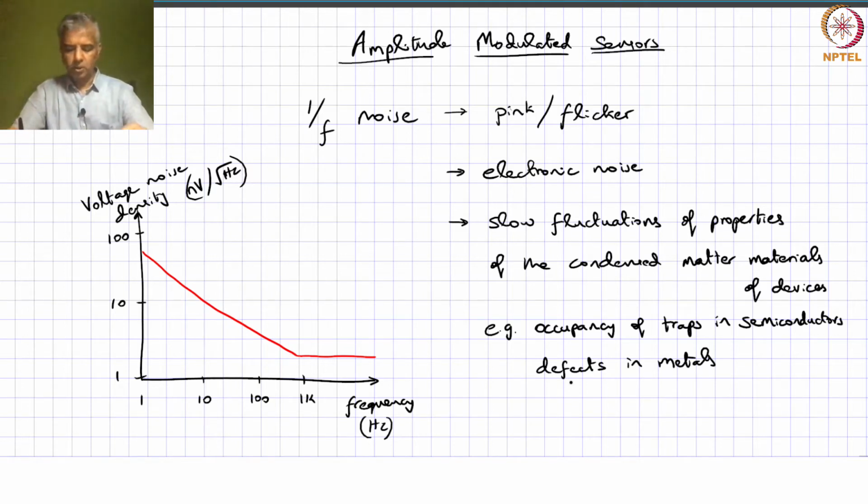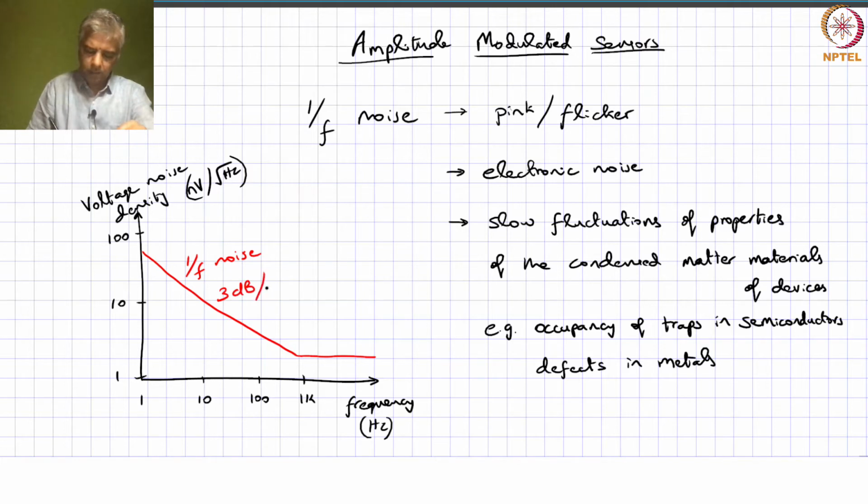Okay, so this is what it's typically like. This is the 1 over F noise that we are talking about, and typically it goes down by 3 dB per octave. Okay, the energy is fairly constant across these different octaves.